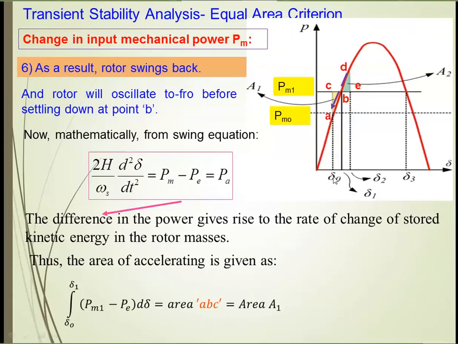The angle was changed from delta 0 to delta 1, and along the line A and B, you have PM1 minus PE, because PM1 is more than PE. So PE can be any point along this line, and that is your area ABC. This is your accelerating area, area 1.